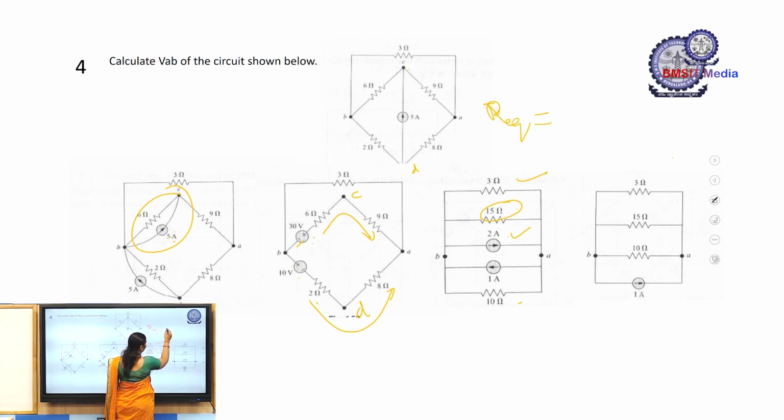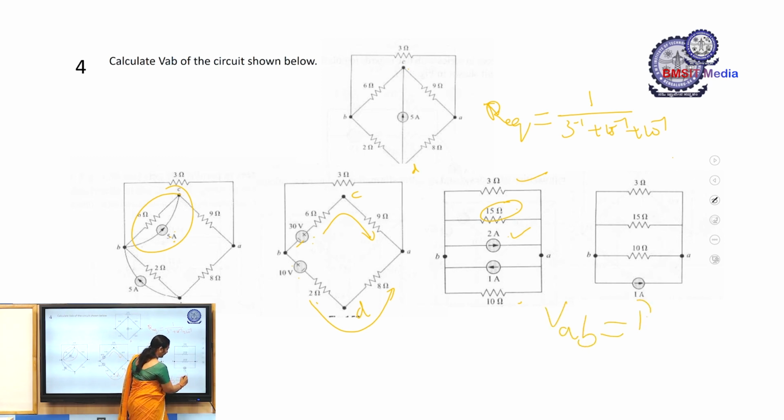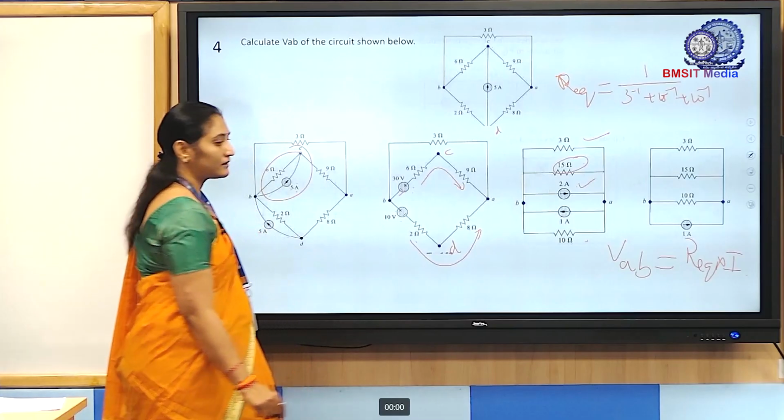R equivalent will be equal to 1 divided by 3 inverse plus 15 inverse plus 10 inverse. Then VAB will be equal to R equivalent into I. So this will be the answer for this circuit.